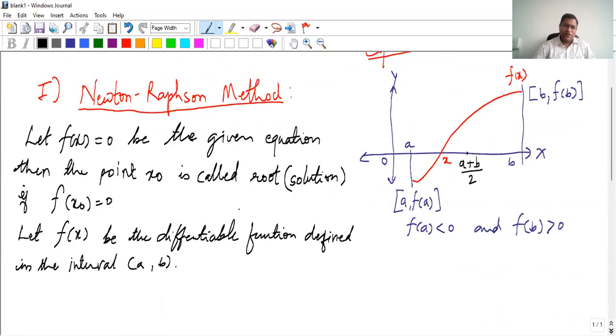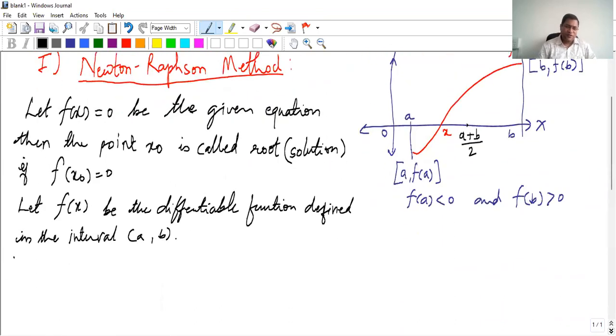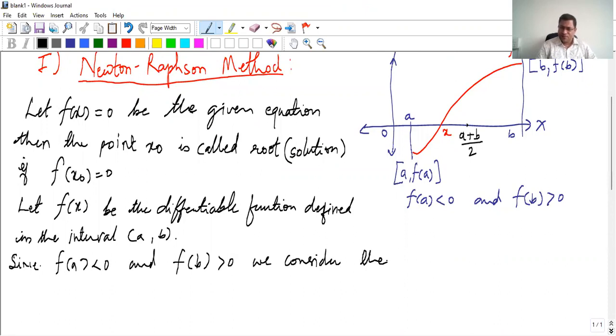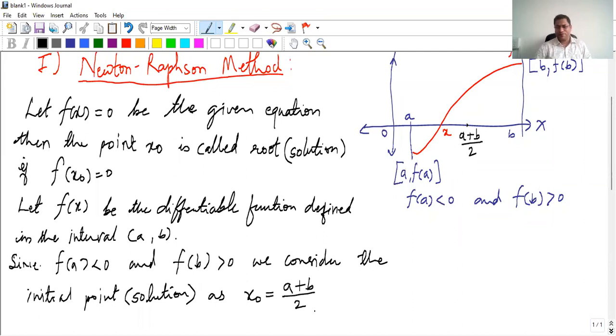And that's why we consider, since f of a is less than 0 and f of b is greater than 0, the initial point or solution as x0 is equal to a plus b by 2.